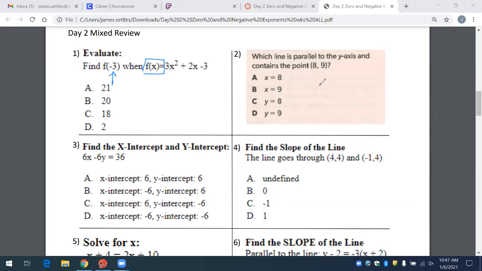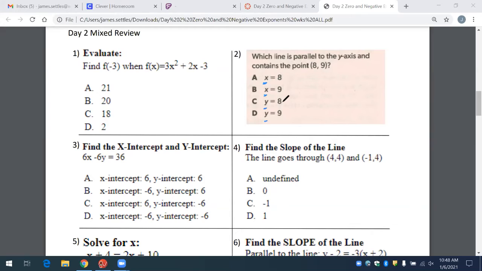Look at number 2. Now, number 2, I probably will work this all the way out. First off, anytime it says parallel to the y-axis or x-axis, the only way to get the true answer is to draw a picture. If you're not going to draw a picture, then at some point you're going to be guessing. That's just how it is, okay? But you can eliminate 2 of these, and that's what I want to talk about, okay? Anytime they give you the letter and a number, so they give you x and a number, and that's it, the letter has to match the number in its spot.